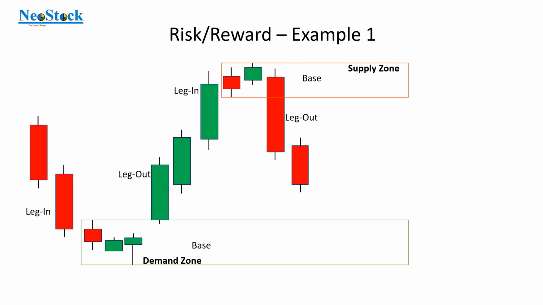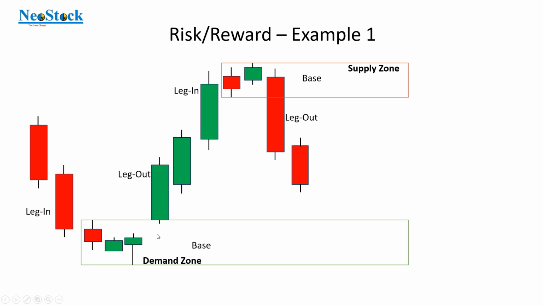Example 1 of risk reward calculation. Let us look into the demand zone. So we would like to take a trade on this demand zone based on method 1 proximal line placement. What does demand zone method 1 proximal line describe?